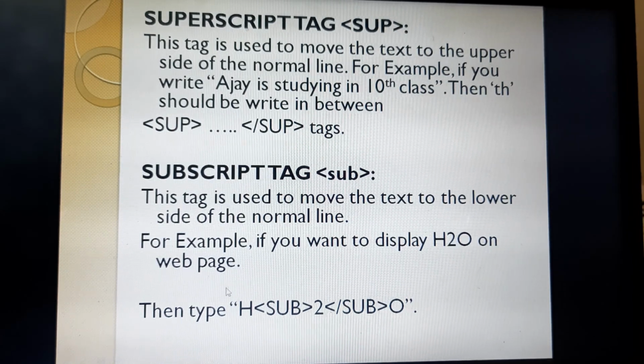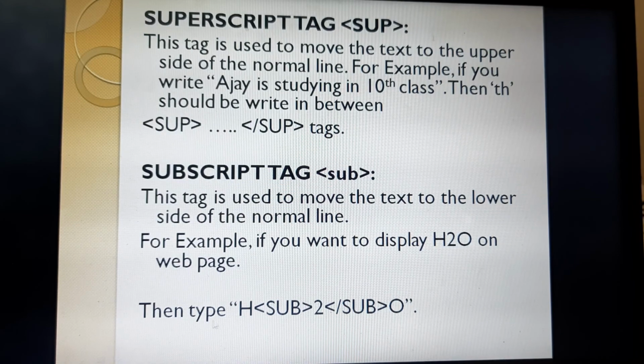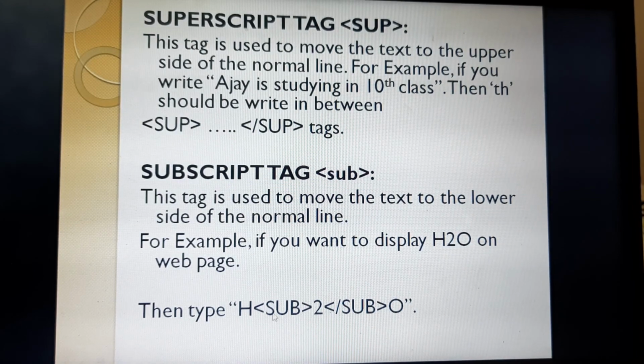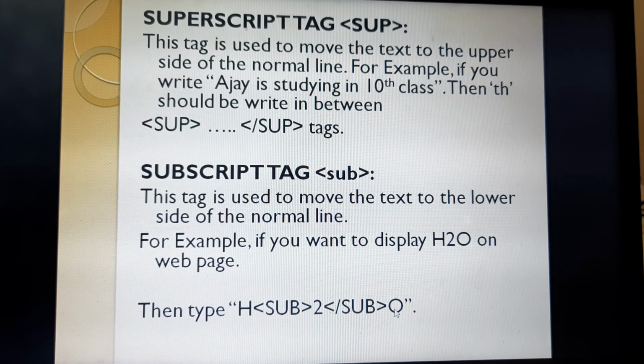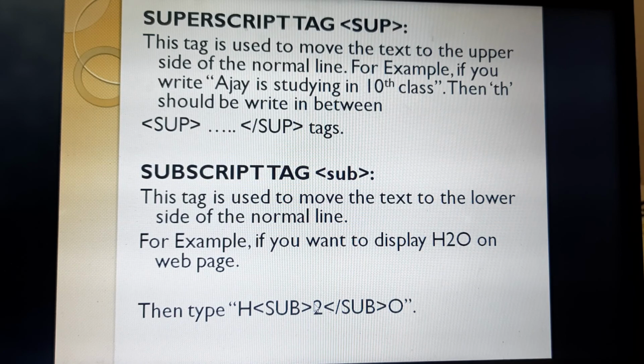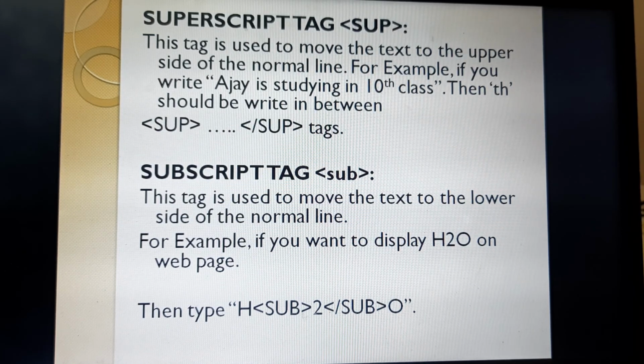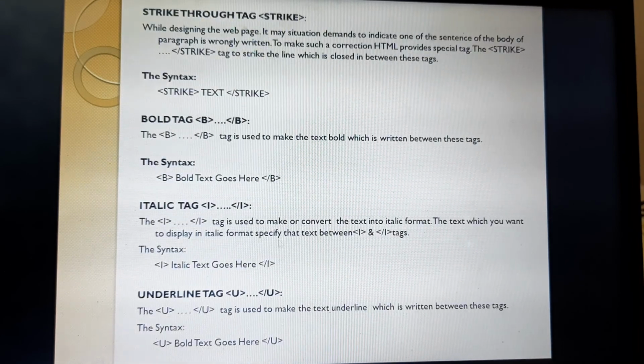So I need to type H, then use sub, then 2, closing sub, then O. Now automatically the 2 will be dropped because I have mentioned it in between the sub tag. So H2O will be written.